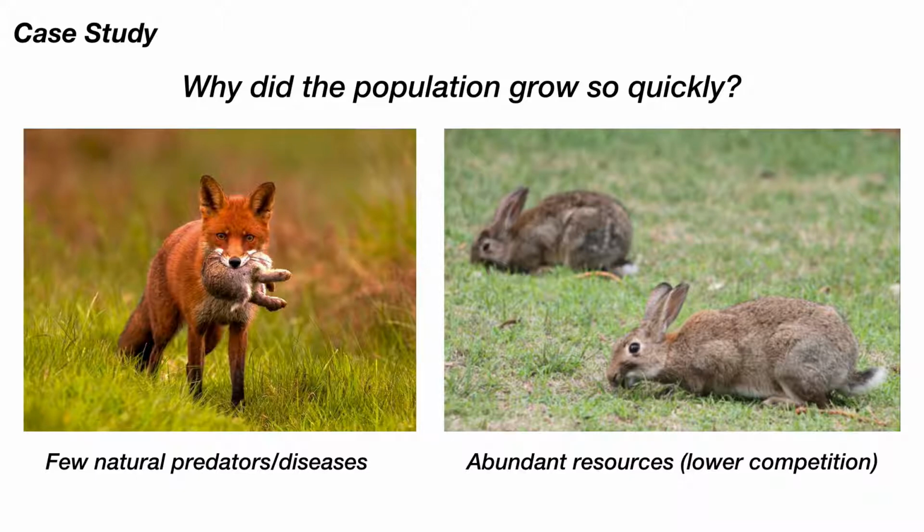They also had abundant resources, lower competition. So these two environmental factors together could lead to sort of unchecked growth because you had so many births and fewer deaths. So the birth rate skyrocketed, death rates were relatively low, and they expanded into this new area and just blew up.